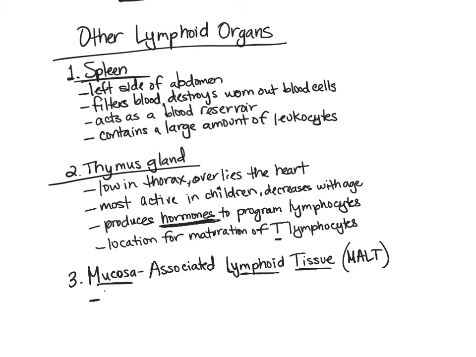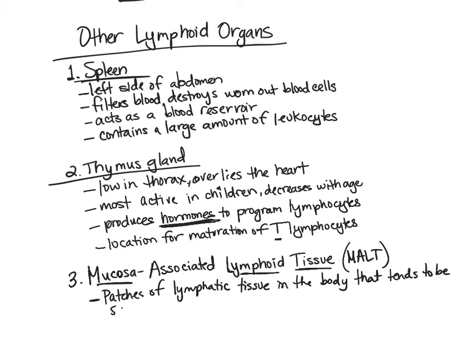So basically we're saying there are patches of lymphatic tissue in the body that tend to be scattered and poorly organized.